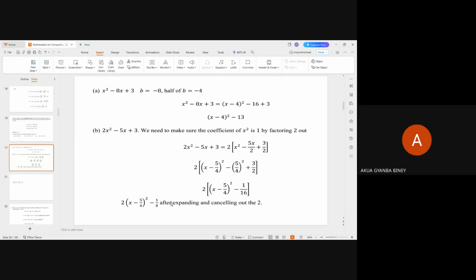So the underlying principle is the first thing, make sure the coefficient of x squared is 1. If it is 1, then it's fine. If it is not 1, factorize it out. Now, if it is 1, look at the coefficient of x. Take that one, divide by 2.